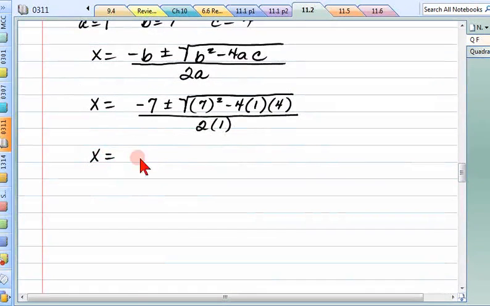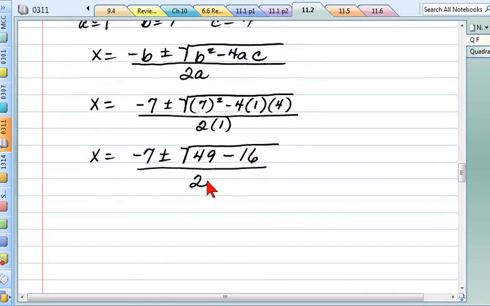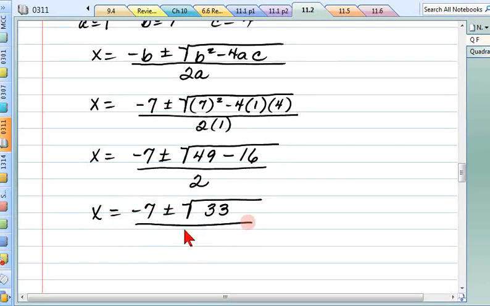That gives me x is equal to negative 7 plus or minus the square root of 49 minus 16 over 2. X is equal to negative 7 plus or minus the square root of, what's 49 minus 16? 33 over 2. Now you're always going to want to take a look here.